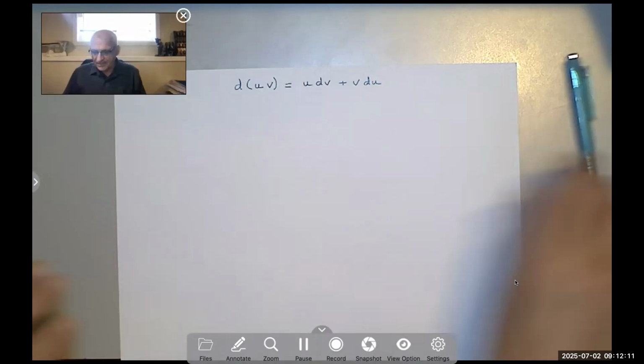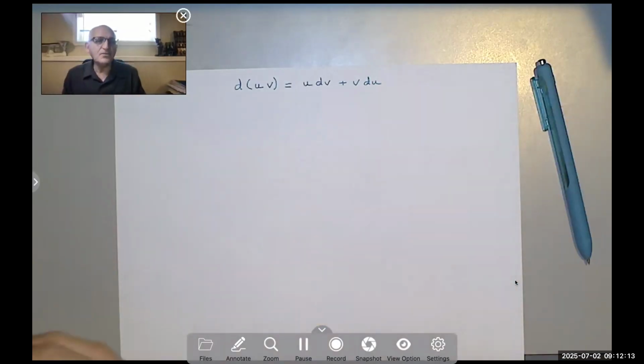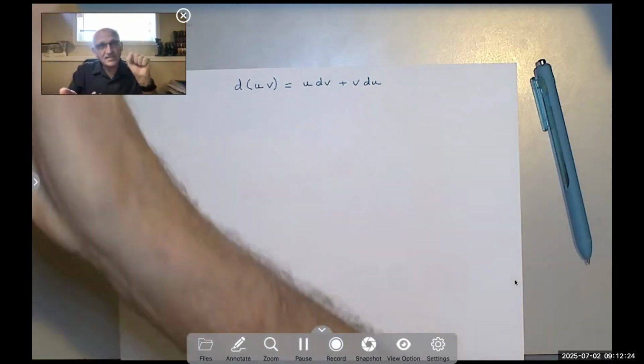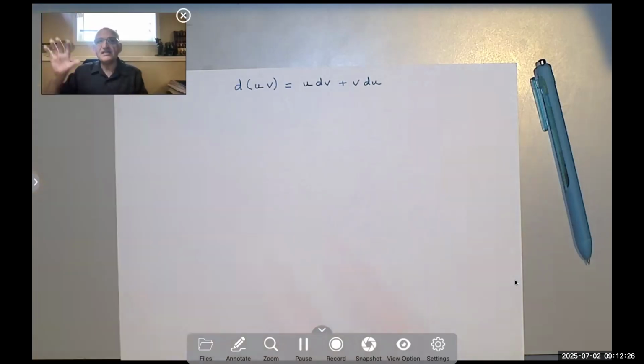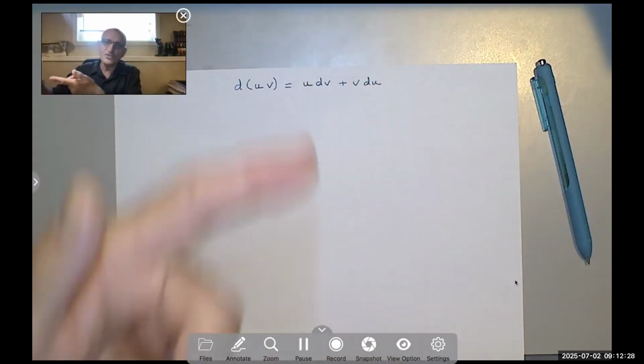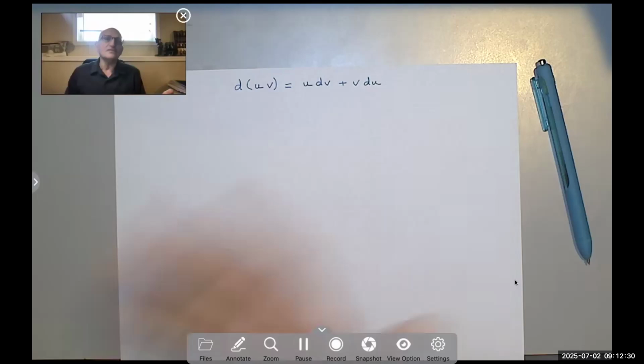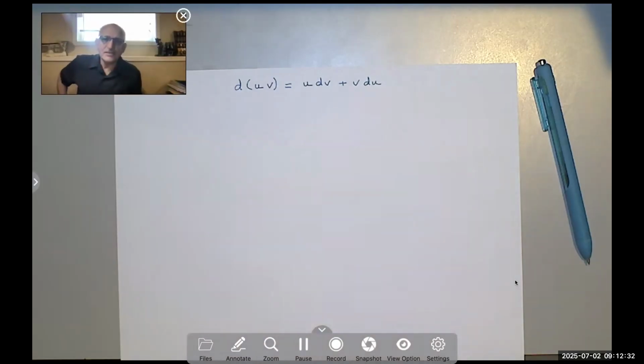Meaning if I have two products and I want to see how their product changes with respect to x, I say, okay, let's assume the first one is constant, and then I see how the second one changes, and then fix the second and see how the first one changes, and then add them together, which is common sense, right?